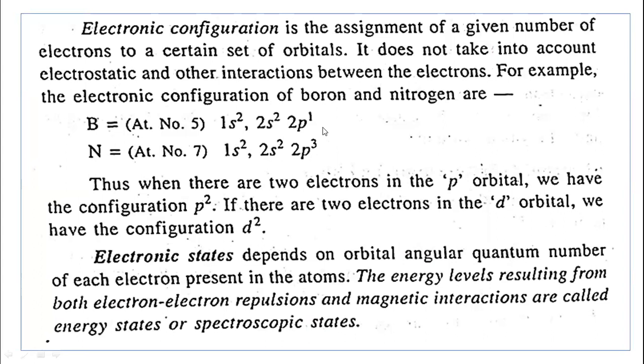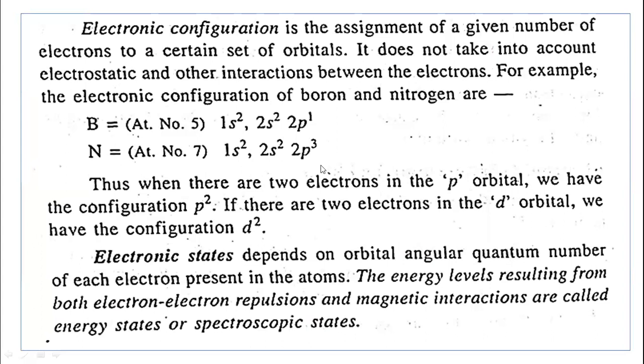We put the 5 electrons in these orbitals, 1s, 2s, 2p. But it does not take into account electrostatic and other interactions between the electrons. Actually, there is electron-electron repulsion, and other interactions also take place.